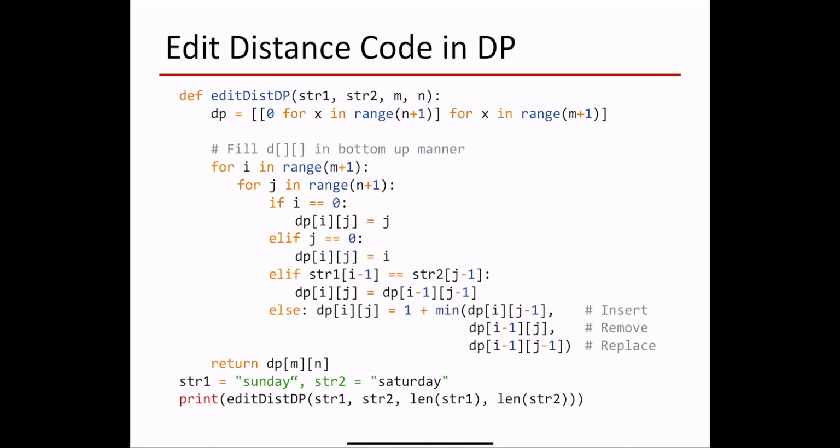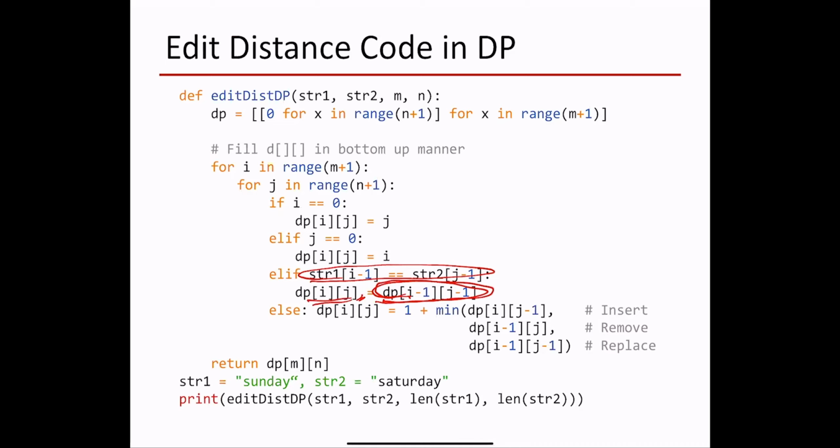All right, so this is the code. If it is a match, I'm choosing the diagonal value.